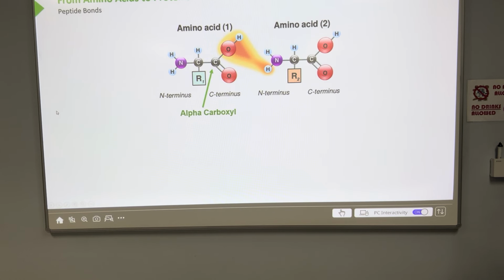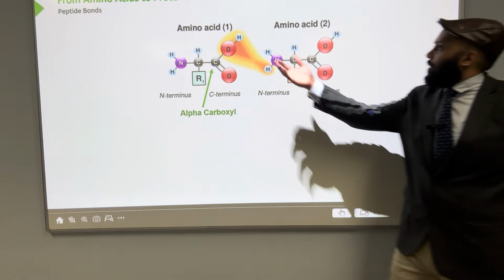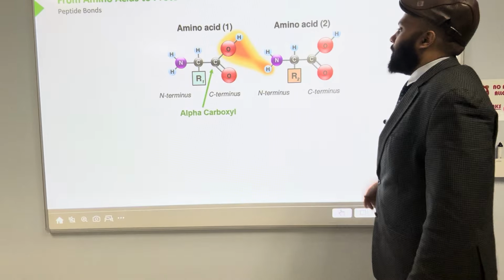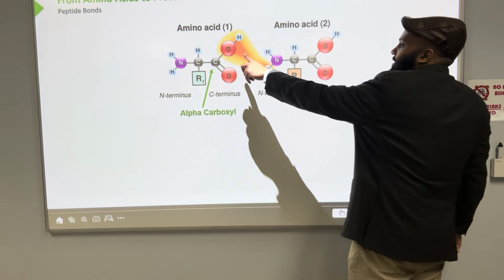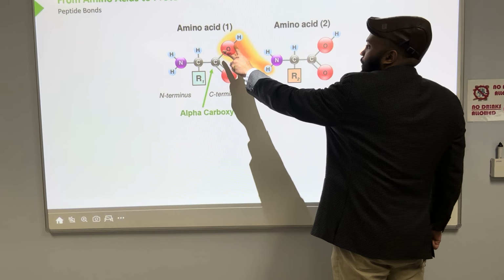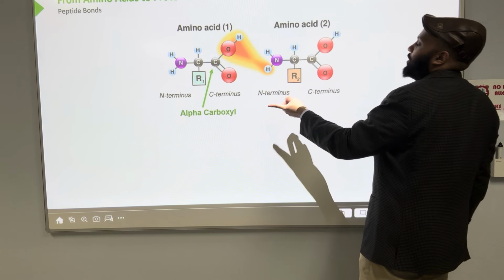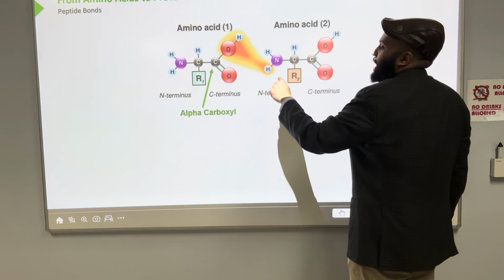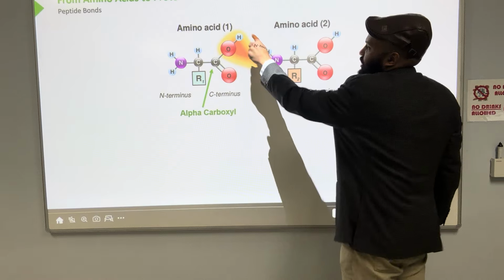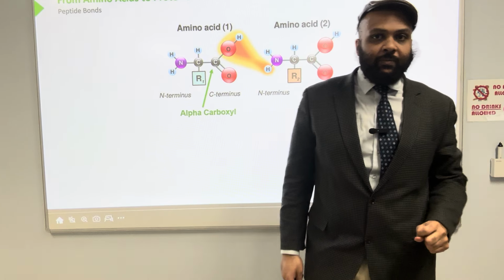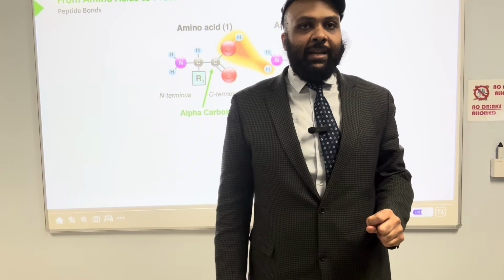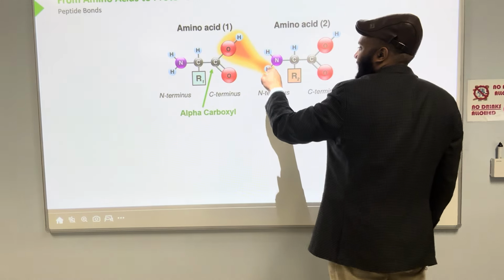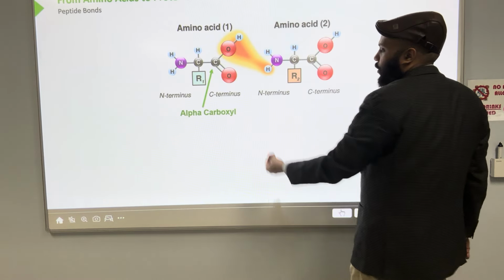So you need to know that these are two separate amino acids, 1 and 2. The one that has a carboxylic terminal will donate an OH, and the one that has an amino terminal will donate 1 H. Now you have O and 2 H's. What does that look like now? That is water. OH with an H, that's water.